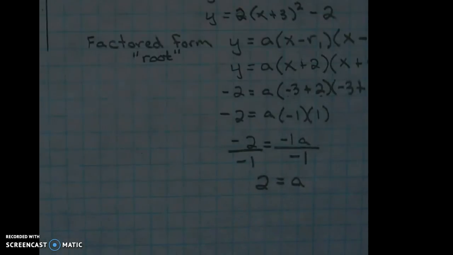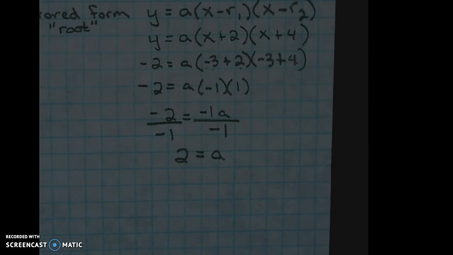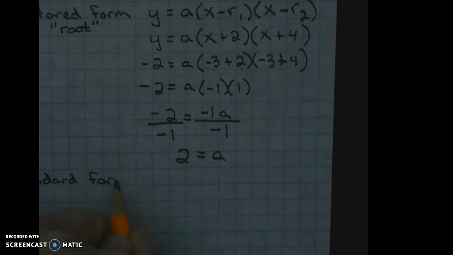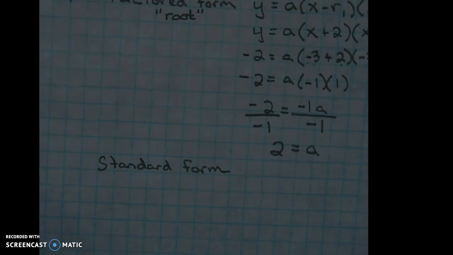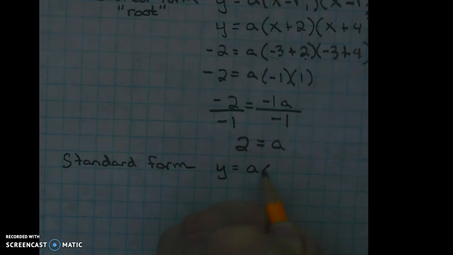Okay, so the third form that we're going to look at is standard form. Each form tells us something different about the graph. Standard form doesn't have a lot of information, but it's also on a poster at the front of the room.